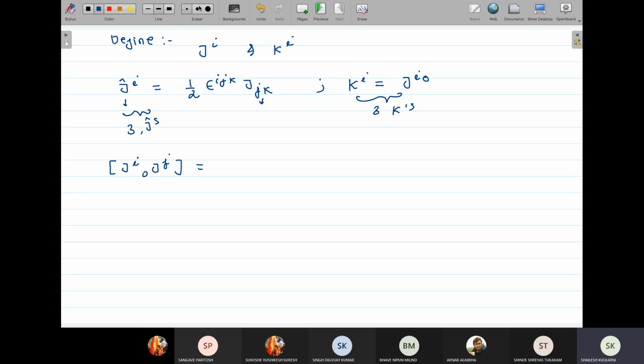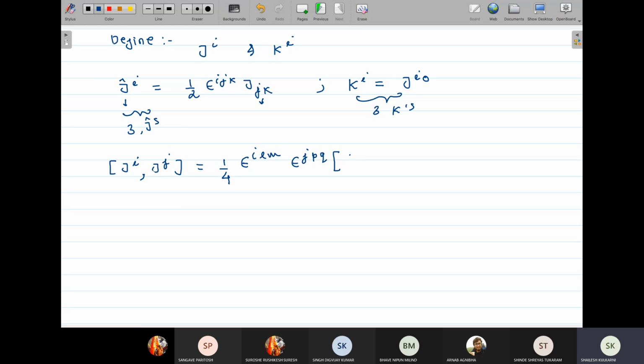So our job now is to evaluate this commutator. What is this commutator? It will be 1/4, half and half, epsilon ijk epsilon ilm and epsilon jpq, say pq, where all these are spatial indices.